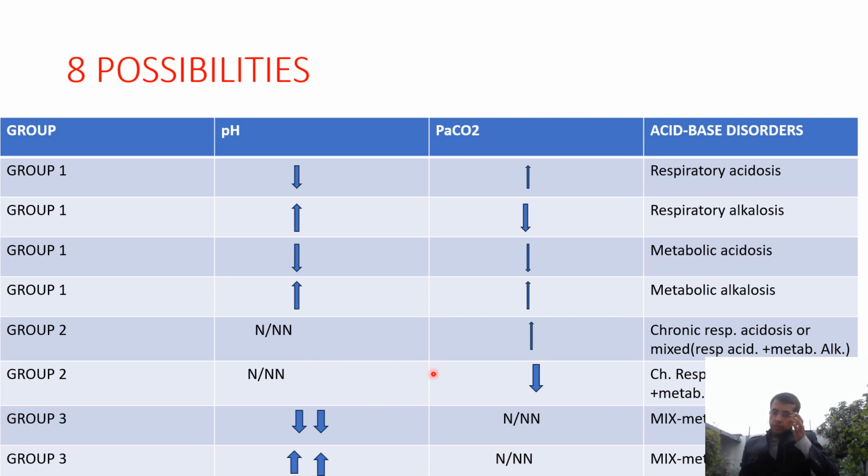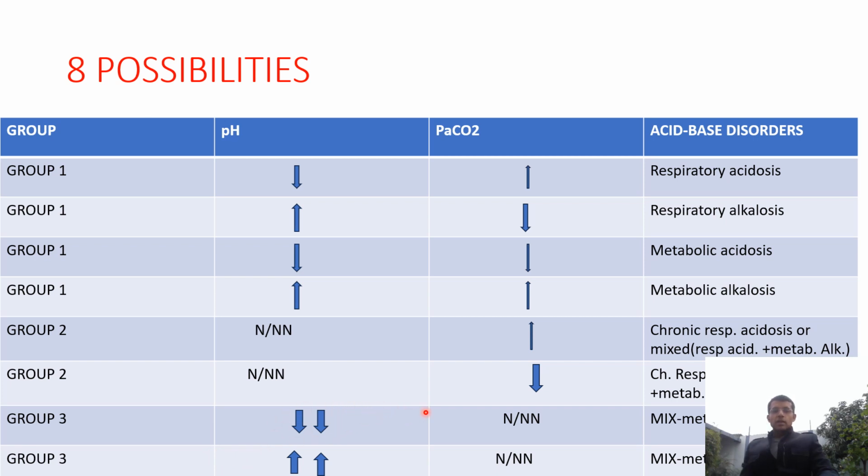Group 2 also has a normal pH with PCO2 going down. If pH is normal, that means PCO2 has gone down, so bicarb must have gone down also. So it is a respiratory alkalosis plus metabolic acidosis, a mixed disorder, or it can be a chronic respiratory alkalosis also.